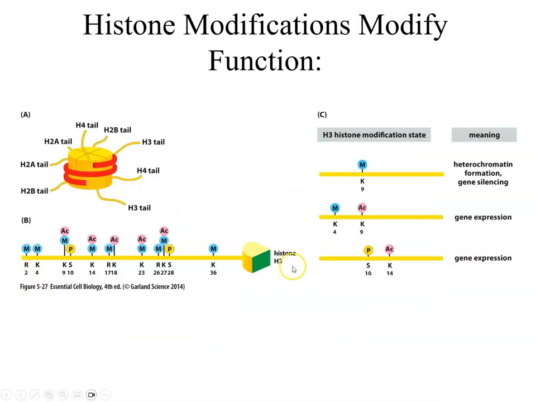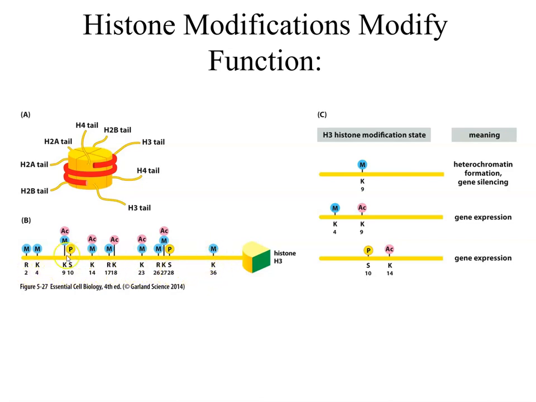Here's an organized diagram of some of the modifications that can happen, and typically we're looking at serine, arginine, and lysines being modified. So arginine, lysine, serine, you can see those numbers, or the single letter amino acid, and then the number in the chain. So we're at 2, 4, 9, 28, 36.